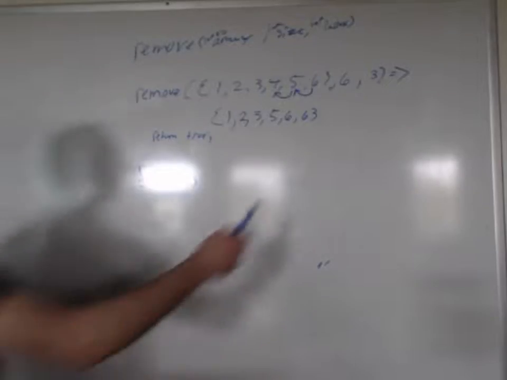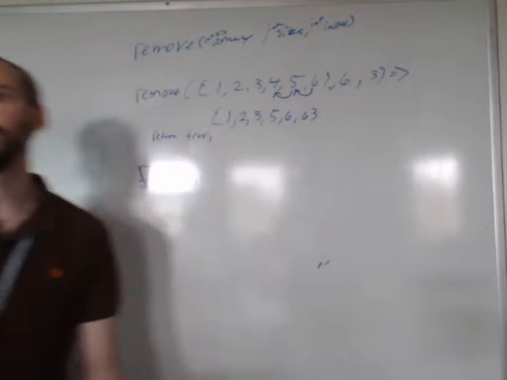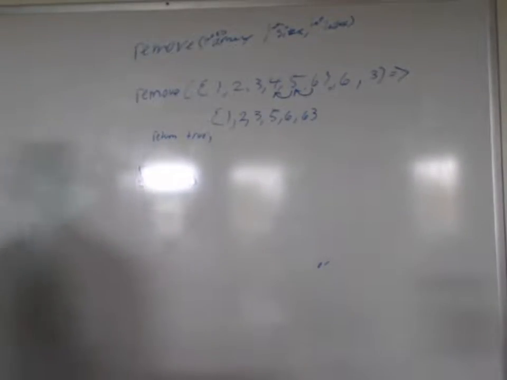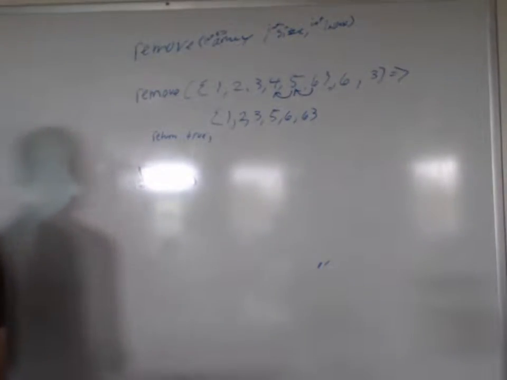You could call it shift, but it's thought of as removing because afterwards, if you say the size of the array is now 5, you're only looking at these elements anyways, so it's like removing. And you didn't have to allocate a new piece of memory and return it. You just changed the one that you passed in. And of course, it should return true because that was a legitimate position to remove.